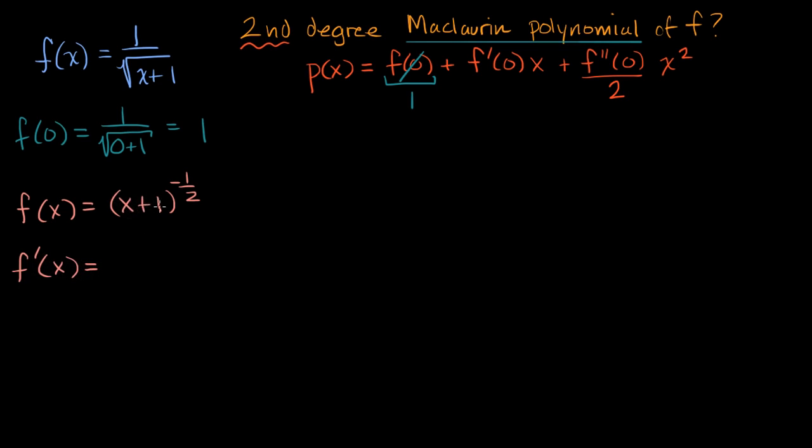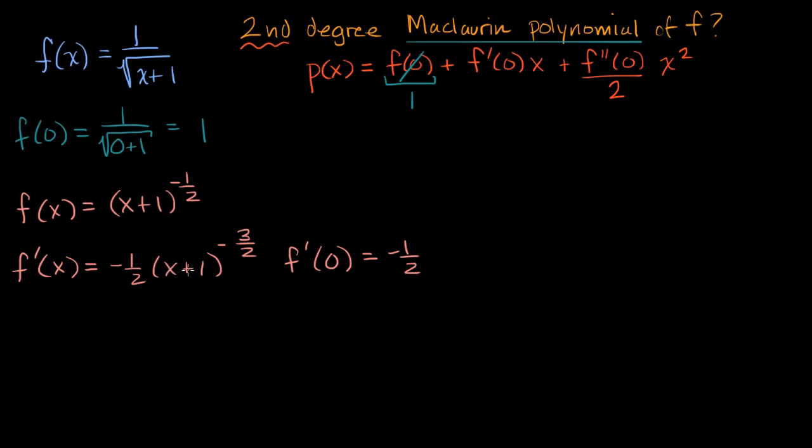The derivative of x plus 1 with respect to x, well, that's just going to be 1. And then I'll take the derivative of this whole thing with respect to x plus 1, and I'll just use the power rule there. So it's going to be negative 1/2 times x plus 1 to the, and I decrement the exponent, negative 3/2.